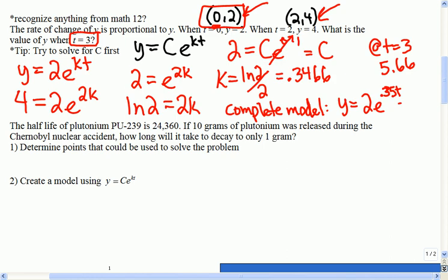Good, that's the one you want to grab right away because you start at 10 grams, so one of the points would be 0 and 10. Can anybody find a creative way to find another point? You just have to think a little bit more about how you could use the information.